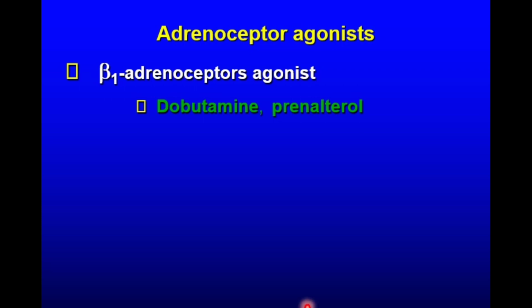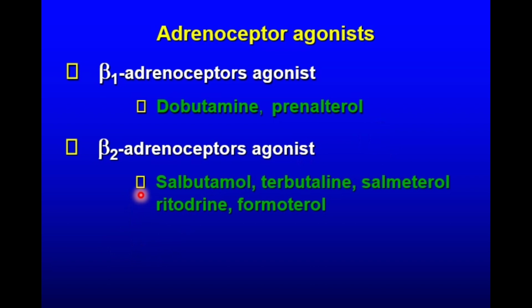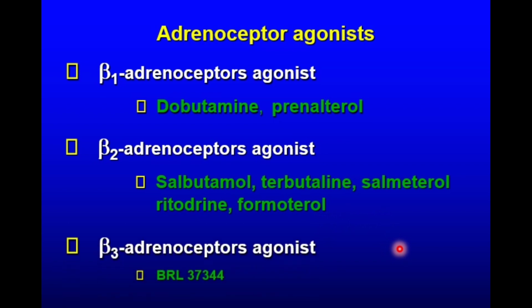Selective beta-1 adrenoreceptor agonists include dobutamine and prenalterol. Selective beta-2 adrenoreceptor agonists include salbutamol, terbutaline, salmeterol, ritodrine, and formoterol. A selective beta-3 adrenoreceptor agonist is under development for control of obesity. They are not clinically available yet.